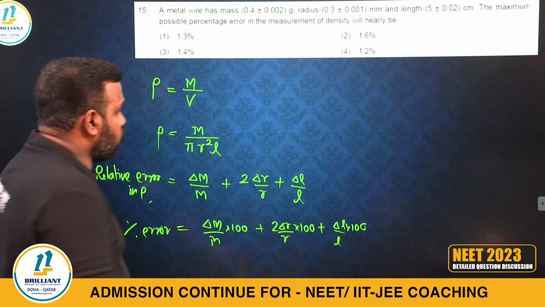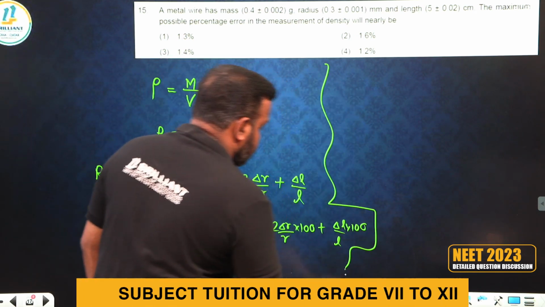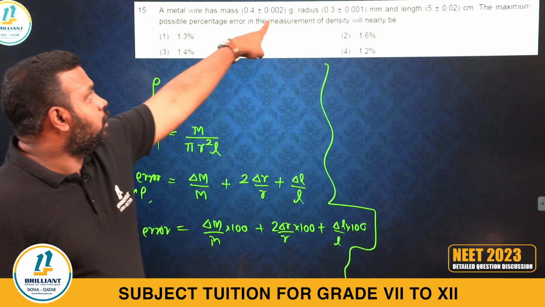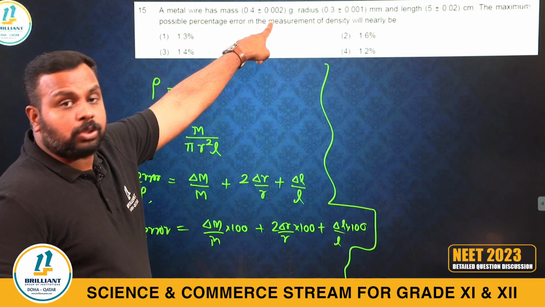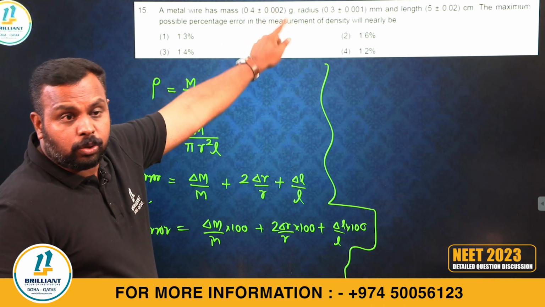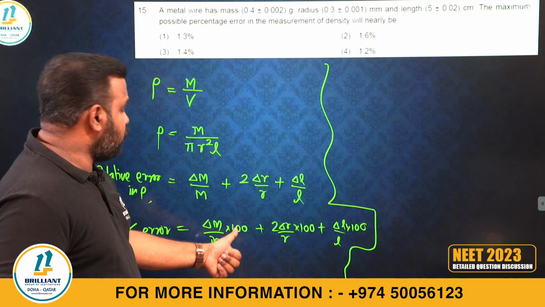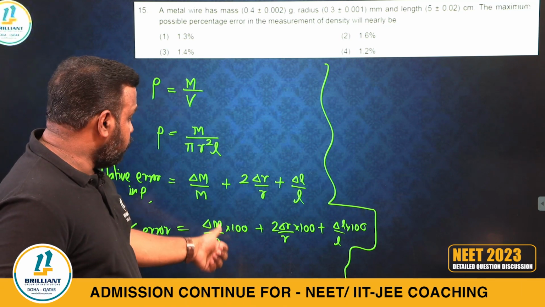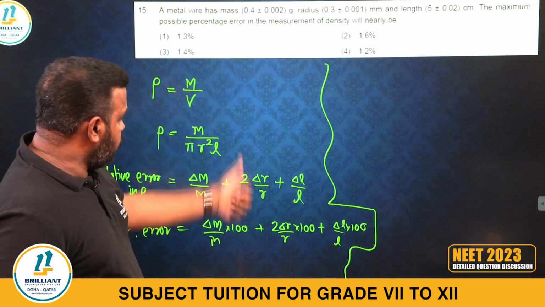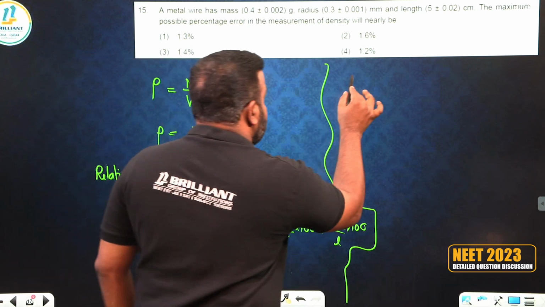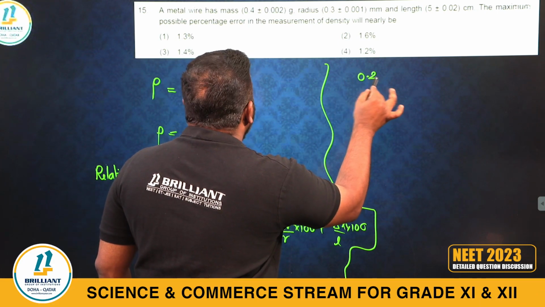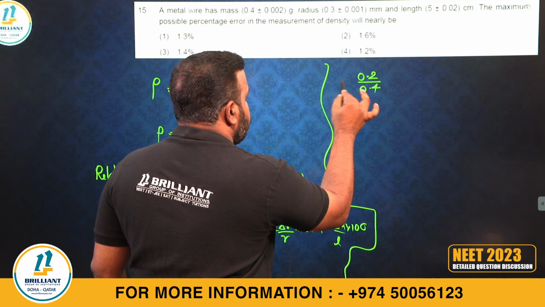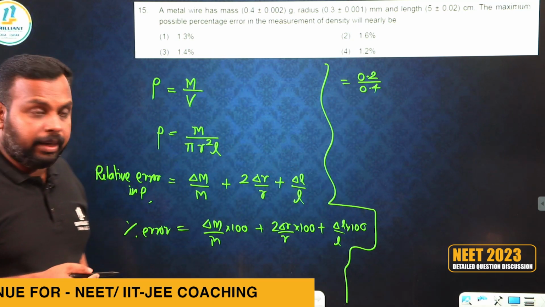Now let's substitute. What is delta M? Check the given data. 0.4 plus or minus 0.002 means delta M is 0.002. Into 100, making the calculation simple, 0.002 into 100 will be 0.2. So the first term is 0.2 by 0.4, with the 100 taken in.